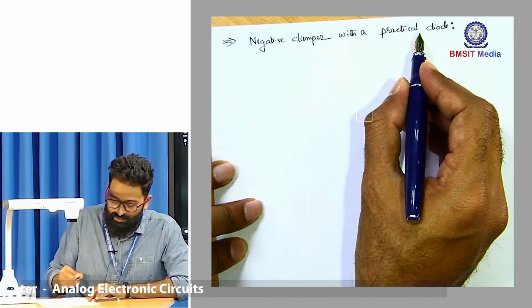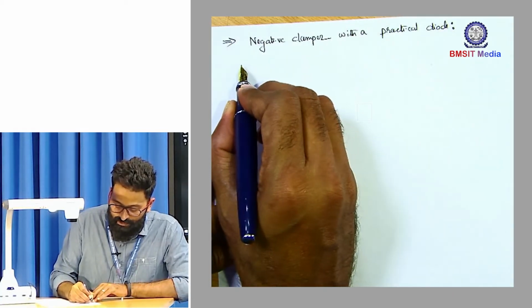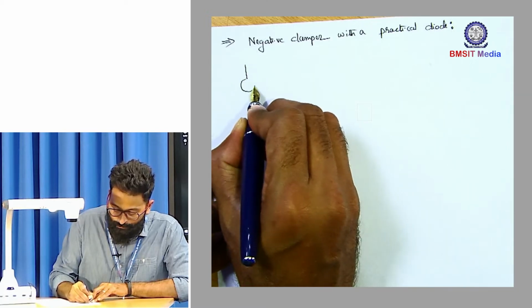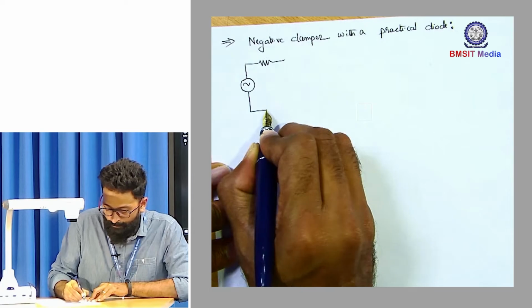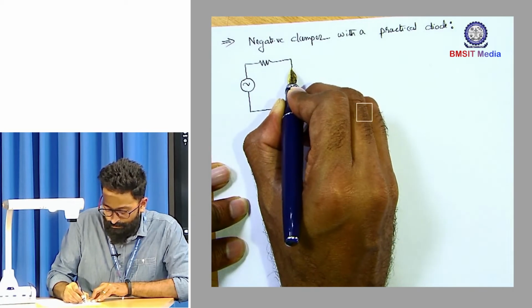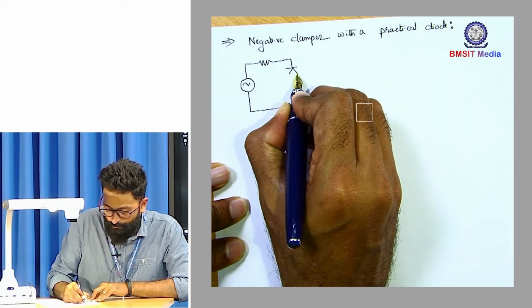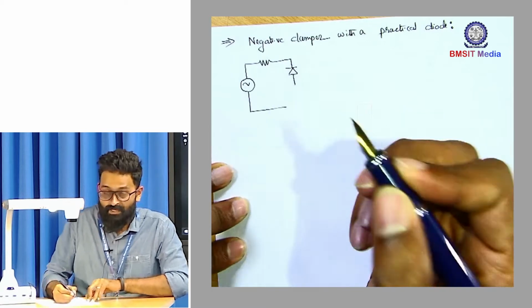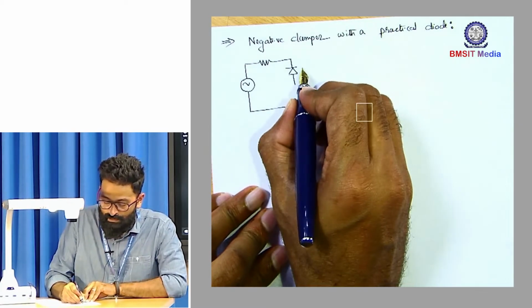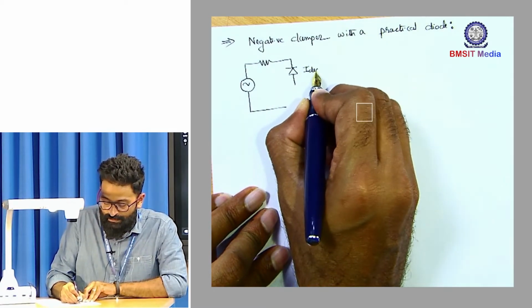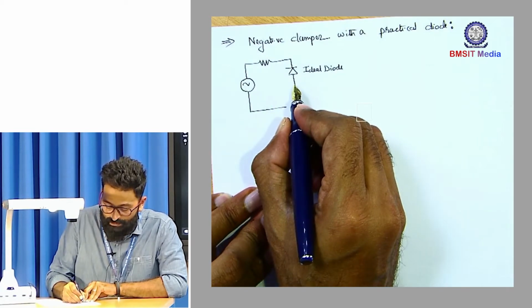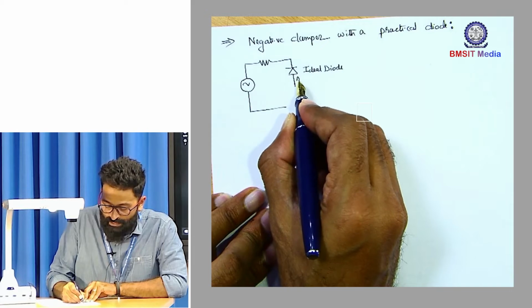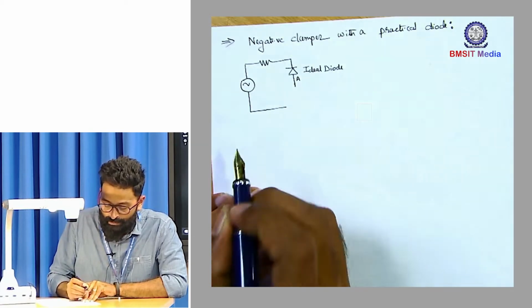So negative clipper with a practical diode. So first let us draw the equivalent circuit. So this is your diode. So what I will do, this I will consider as an ideal diode in series with the barrier potential. So this is the anode terminal of the diode.